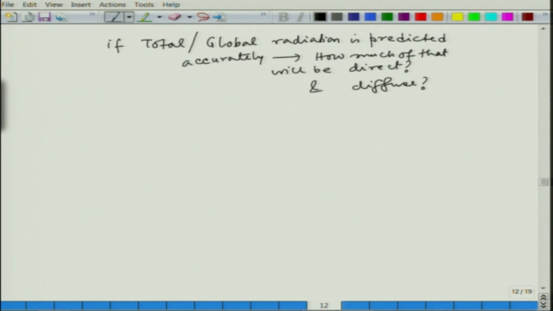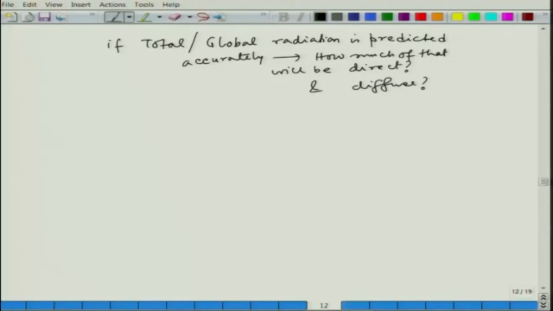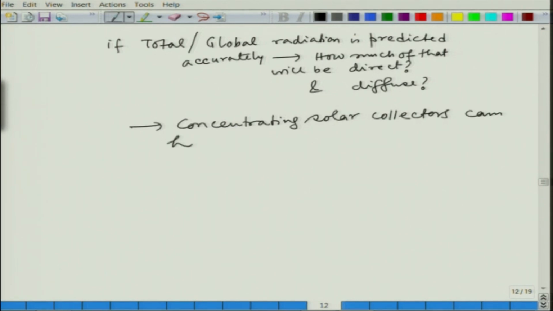This is an important question, right? You will appreciate this even more when you look at the concentrating solar collectors, because these concentrating solar collectors can handle only the direct sunlight.